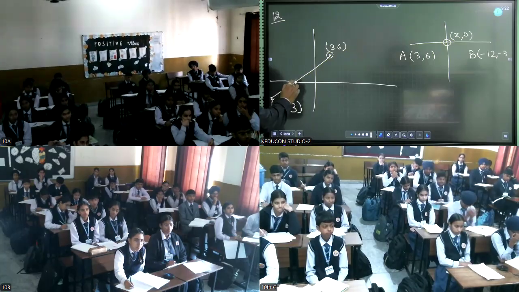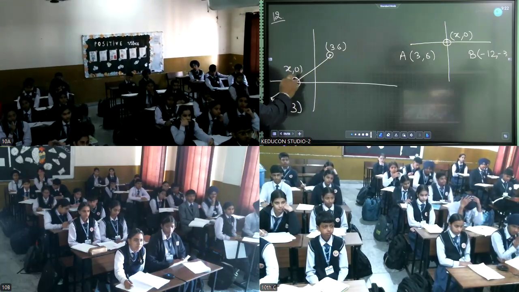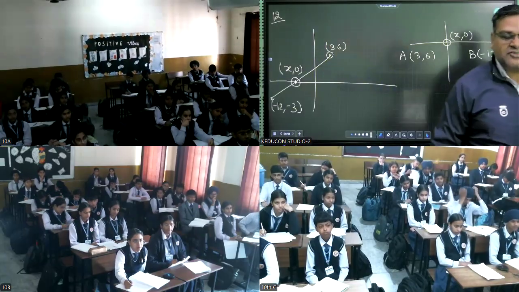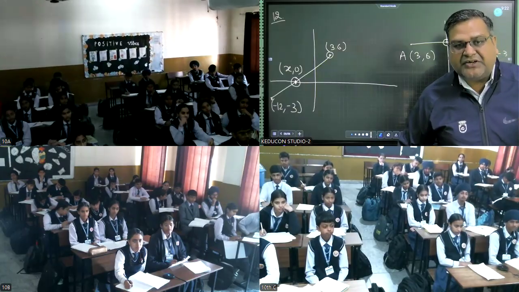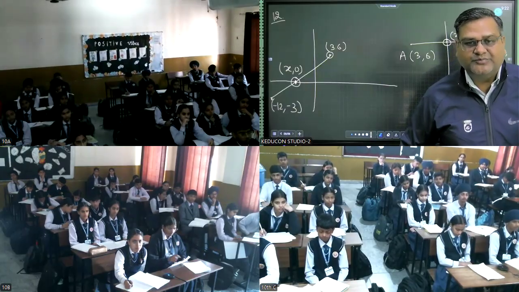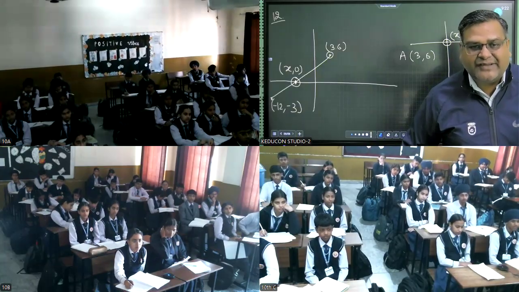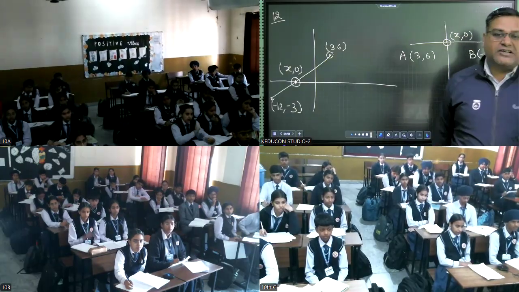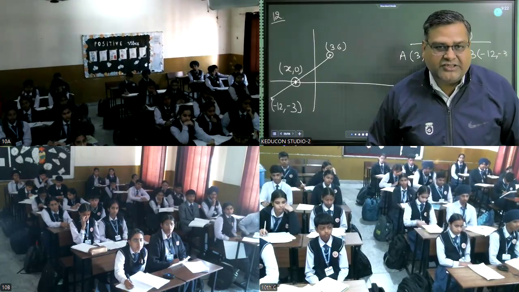What will be the coordinate of this point? x, 0, right? So x, 0 means the y coordinate of every point on the x-axis will be 0. Similarly, every point on the y-axis will have its x coordinate as 0. So this type of question comes very frequently in the exam. So you should know how to solve this.